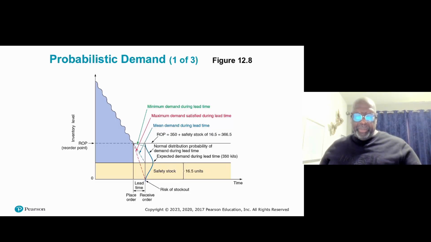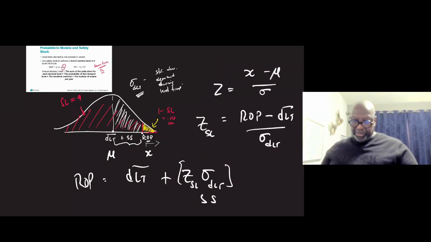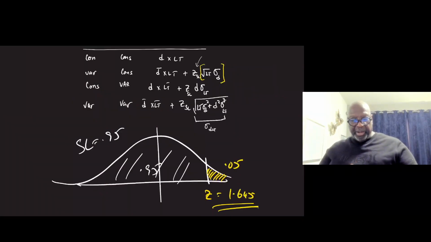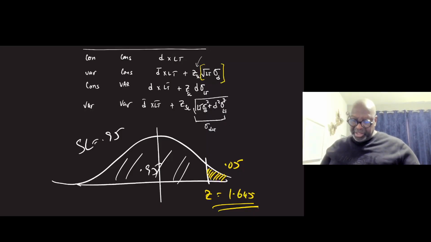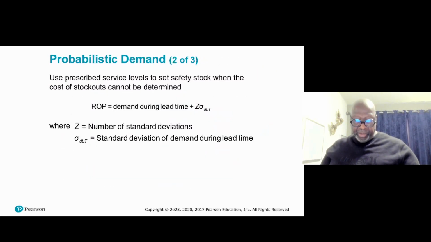So probabilistic demand. This is the case where we're showing that during the lead time, demand could be varying, or the lead time could be varying. I've already shown you all the formulas in the table that I have here. So in fact, this should have just preceded this section.